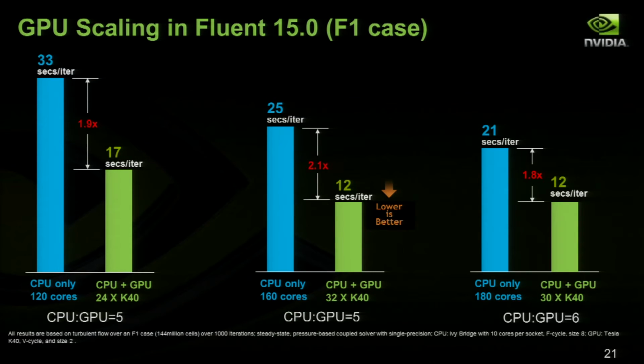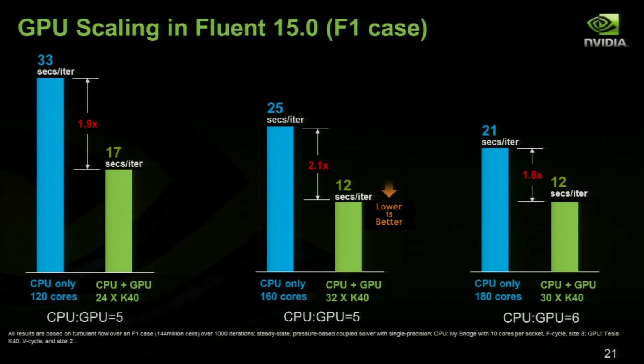Also, how do GPUs scale on large problems? This is a question that we keep getting from our customers. The way we did this study is there are two variables. One is to keep the same CPU to GPU ratio and change the number of CPUs and GPUs.